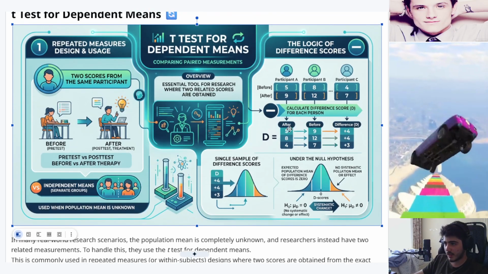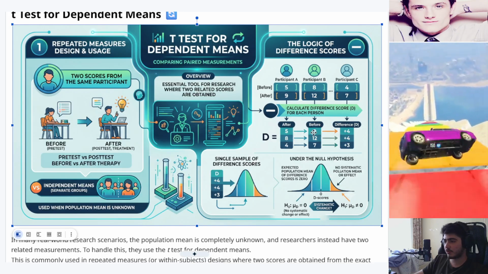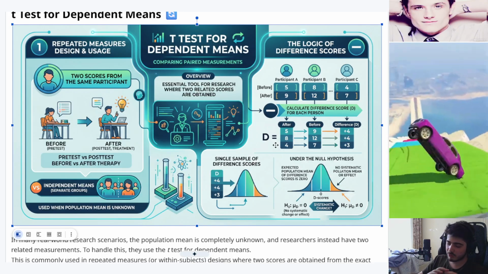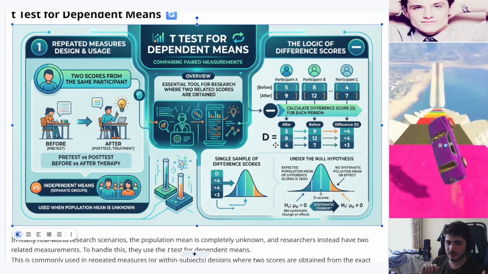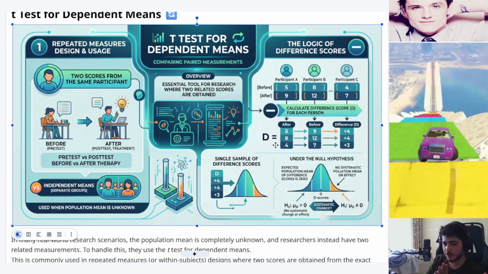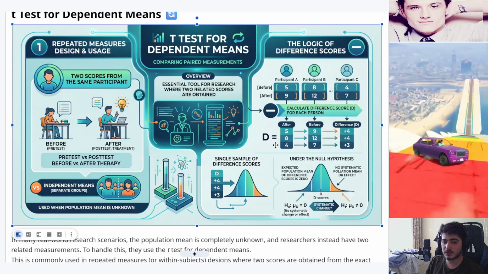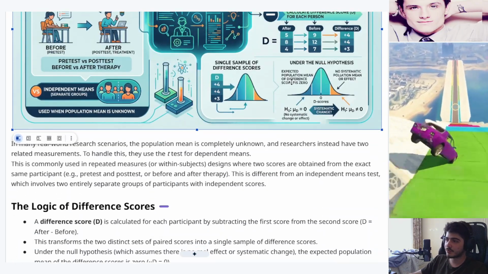You take after minus before, or before minus after, whichever one would make the most sense for your study. It's just that you need to take the difference. And we take a difference in mathematics by subtracting things.